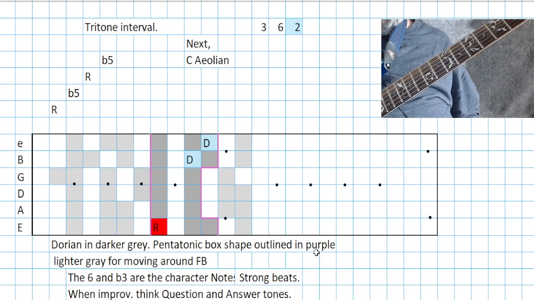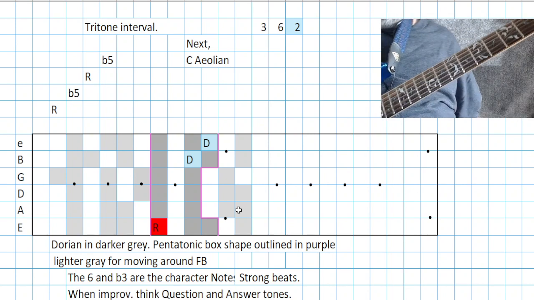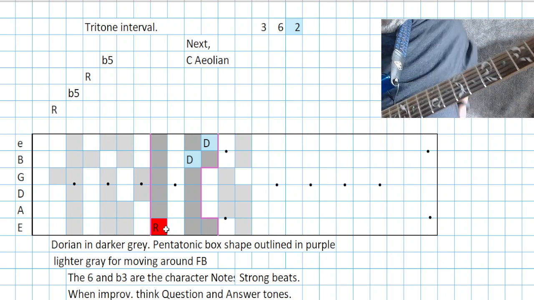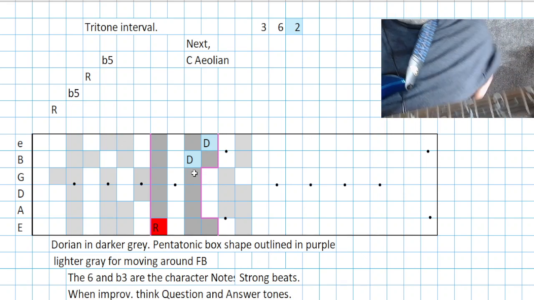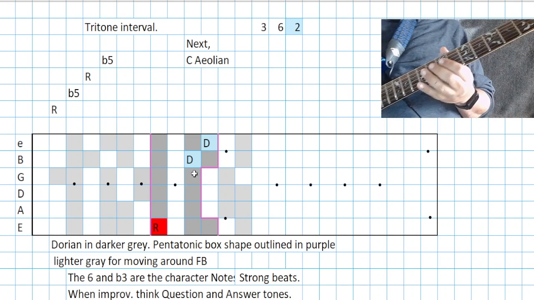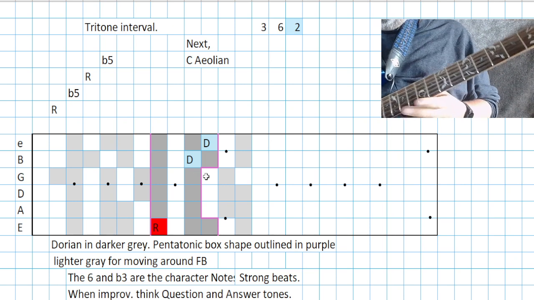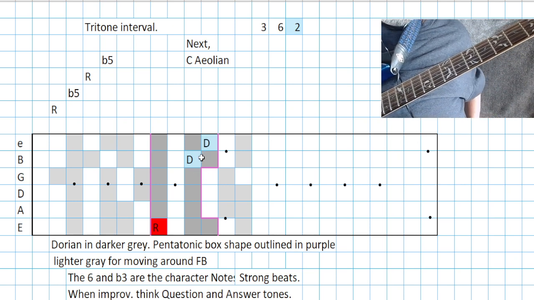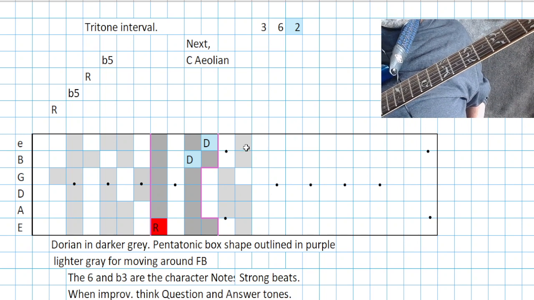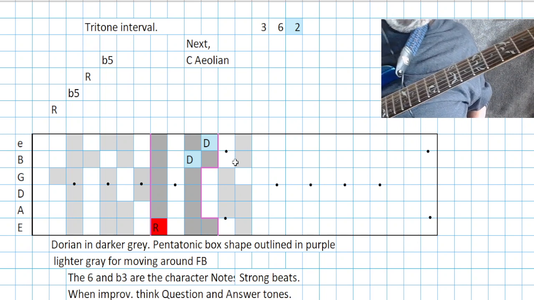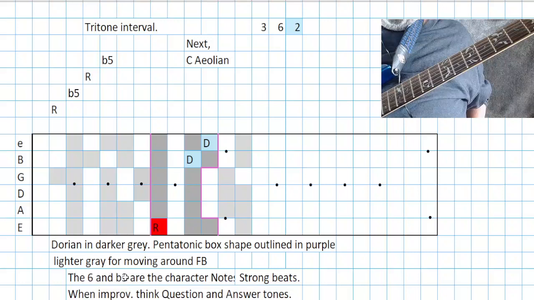The pentatonic box shapes are outlined in purple, so you can see I have a little purple framework around what should be perceived in the background as the pentatonic box. And the lighter gray is for moving around the fretboard.